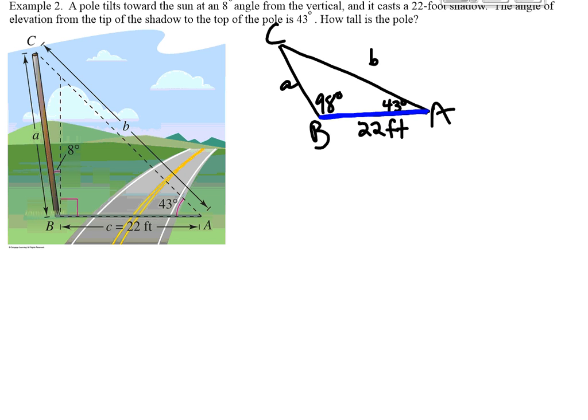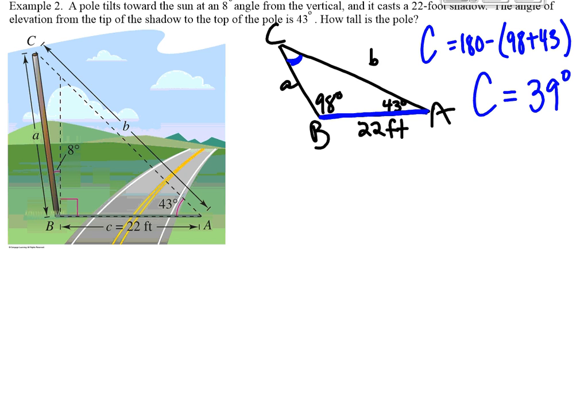So I need to figure out that angle to have that matching pair. So capital C, even though it doesn't ask me, I need 180 minus 98 plus 43. What's C equal to? 39. So C is 39 degrees.